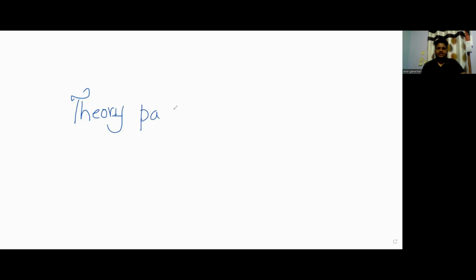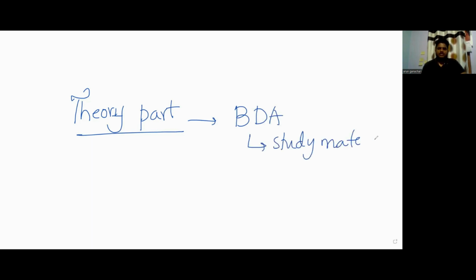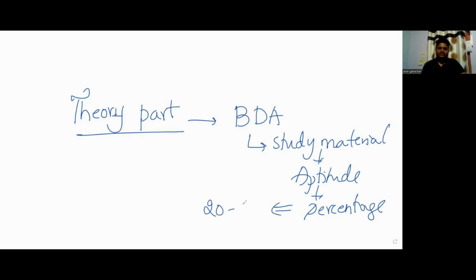We have completed the theory part. You know what to do. You have to go to the BDA app, then go for study material. In study material, go for aptitude. In that, you can select percentage chapter. So at least do 20 to 25 sums before we start tomorrow's class.